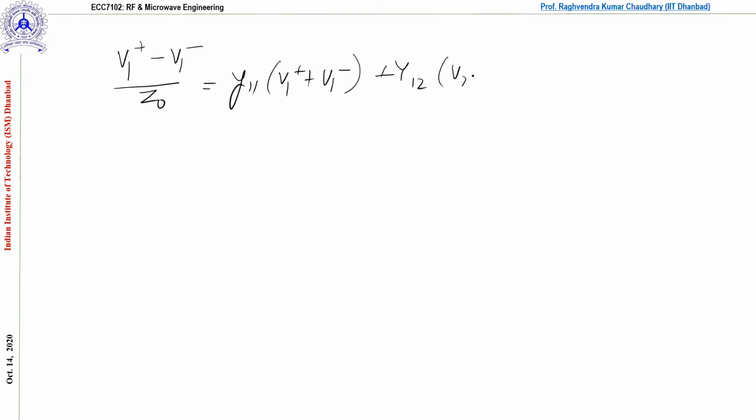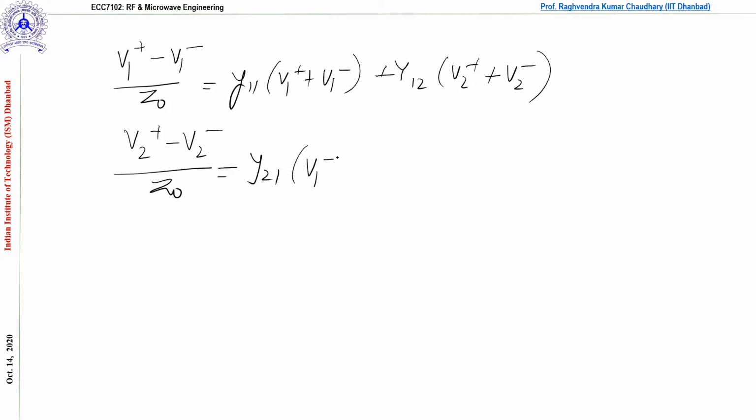If you put it here, it will be like this: V1 plus minus V1 minus over Z0 is equal to Y11 times V1 plus plus V1 minus, plus Y12 times V2 plus plus V2 minus. Similarly, V2 plus minus V2 minus divided by Z0 equals Y21 times V1 plus plus V1 minus, plus Y22 times V2 plus plus V2 minus. Can we write this? Yes, I just replaced all the terminal voltages with incident and reflected waves.